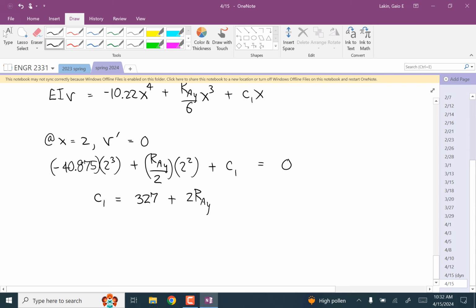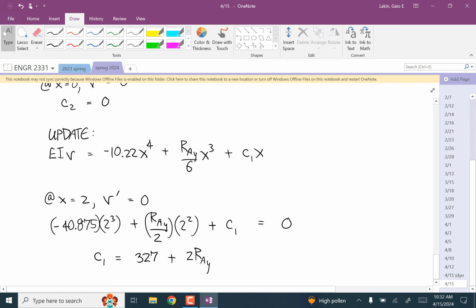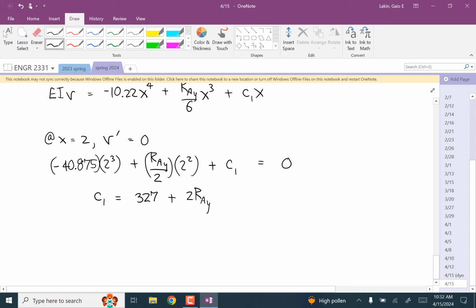And now I'm going to update my deflection. There are a bunch of ways you can solve this system, but I'm going to use these two boundary conditions to come up with an extra equation that involves the variables we have in our original list.